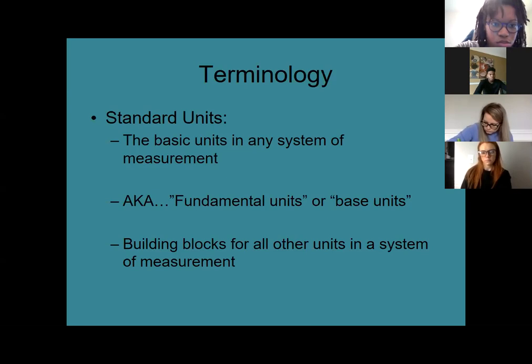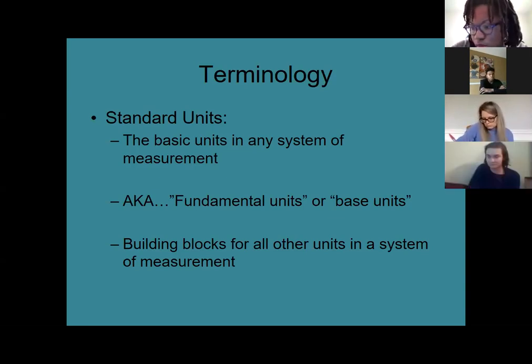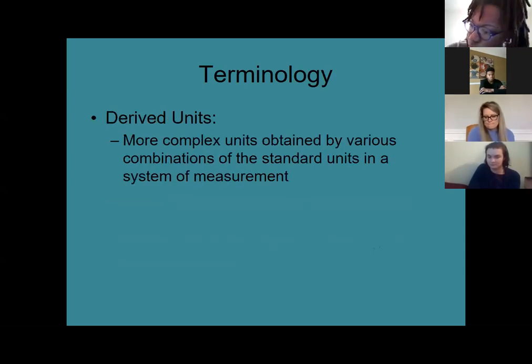The standard units are the basic units in any system of measurement. They can also be called fundamental units or base units. Basically, these are the building blocks for all of the other units in that system of measurement. And like I said, we're going to look at 4 different systems of measurement. So a standard unit is one of the basic units of the system.